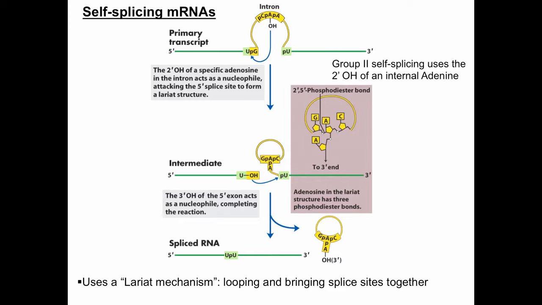self-splicing RNA, except, again, it's going to use that 2' hydroxyl group of an adenine that's located within the intron. So the 2' hydroxyl group is going to attack the phosphate of the base at the 5' end of the intron, which will then displace the 3' end of the 5' exon.